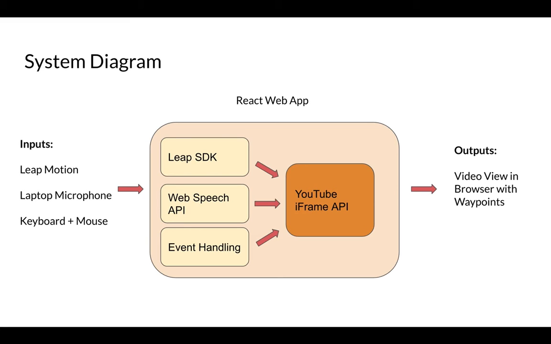So a lot of the tools used in this project will be the same as the ones we used in the Multimodal Battleship mini project, including the Leap SDK for gesture inputs and gesture recognition, and the Web Speech API to handle spoken inputs. The output will be a video in the browser that has additional waypoints displayed that users can interact with by pointing to and speaking commands.